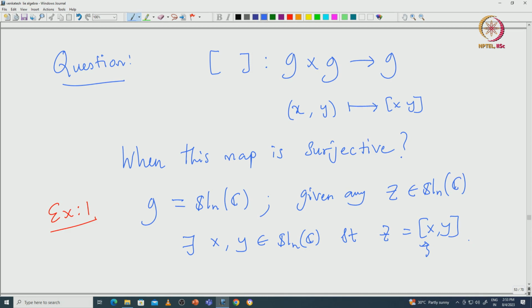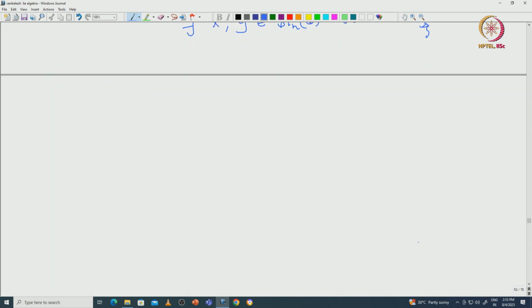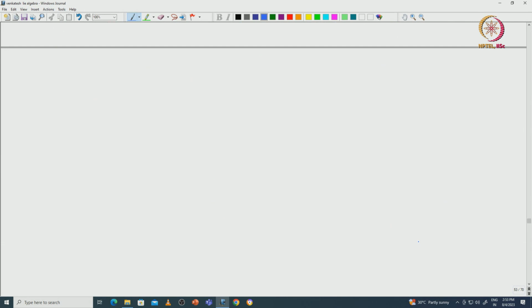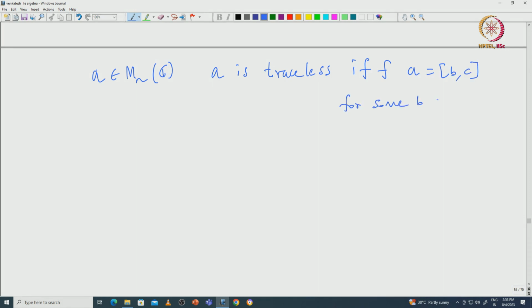So this exercise can be rephrased as follows. Suppose A is a matrix, then A is traceless if and only if A can be written as the bracket of B, C for some B, C coming from M(n, C).